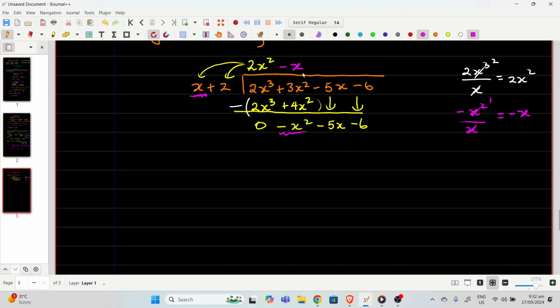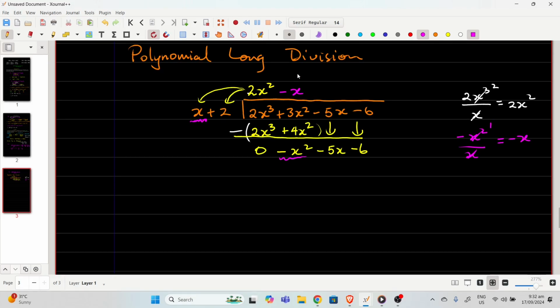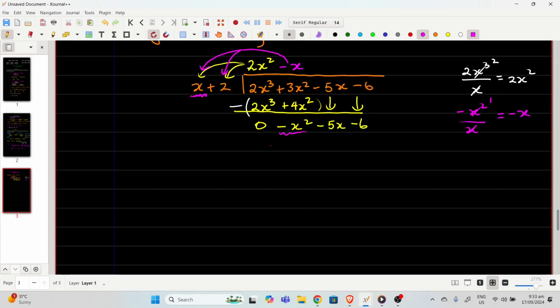So I will take the minus x now here and multiply it with the x, and I will take the minus x and also multiply it with this positive 2, and I will be able to get minus open bracket, and I will get minus x squared, and then I will get minus 2x, close the bracket.